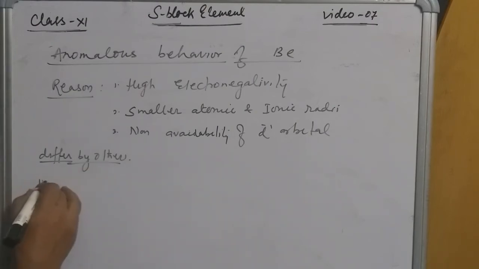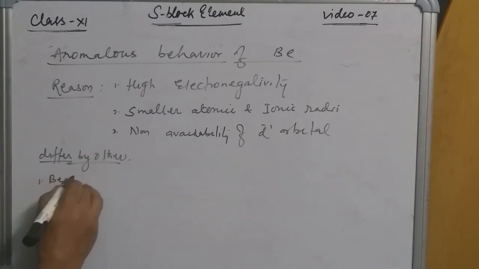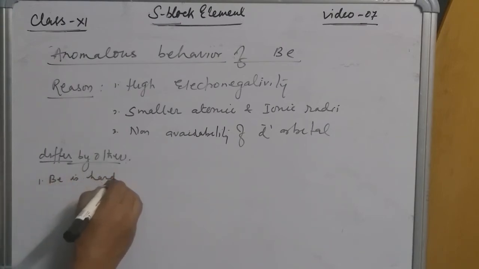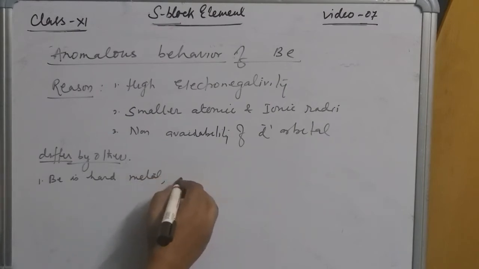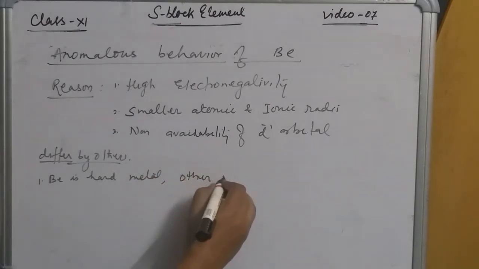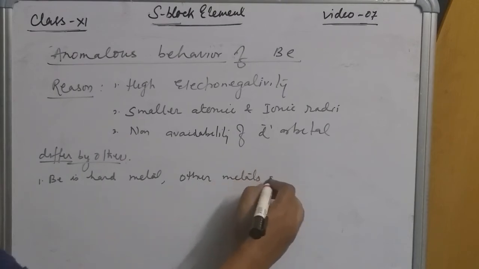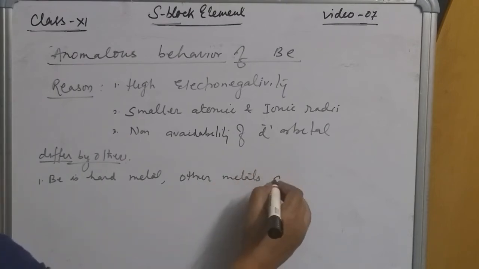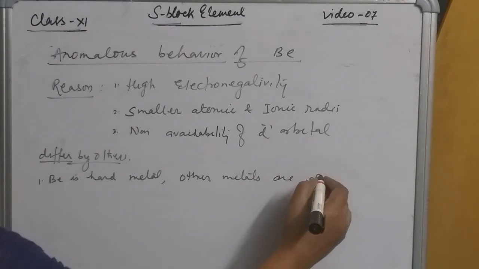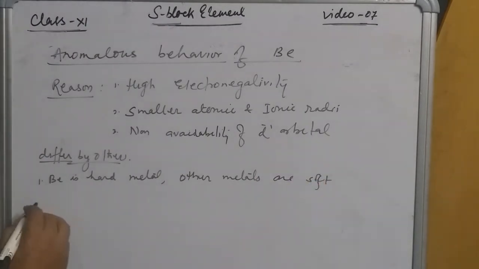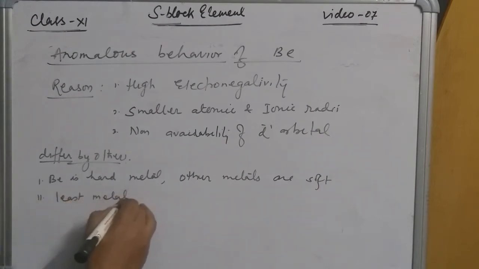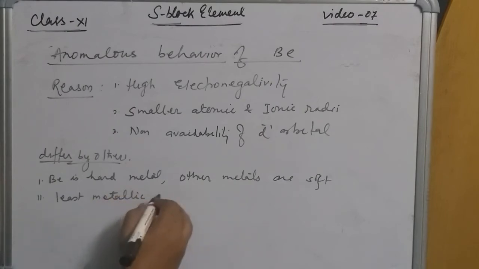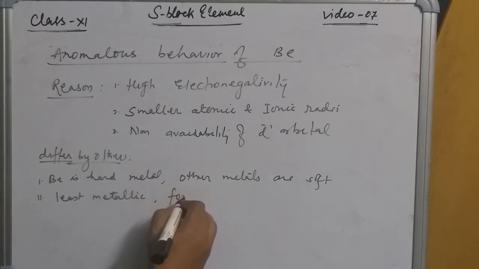Beryllium is a hard metal, other metals are soft. Less metallic. Forms covalent compounds.